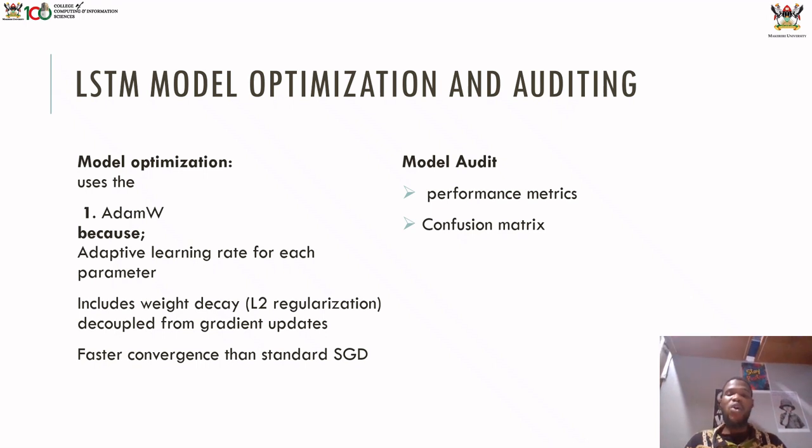Then model audit, we use performance metrics and then the confusion matrix. Of course, performance metrics are about how the model predicts. You understand how the model predicts and how correctly it predicts the output. So that is it. We used the LSTM and the GCN as the graph convolutional network.